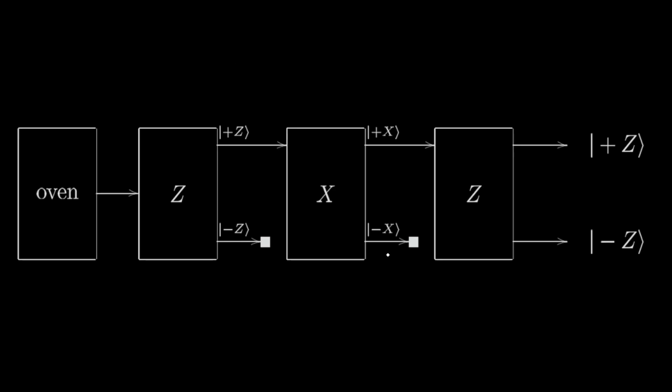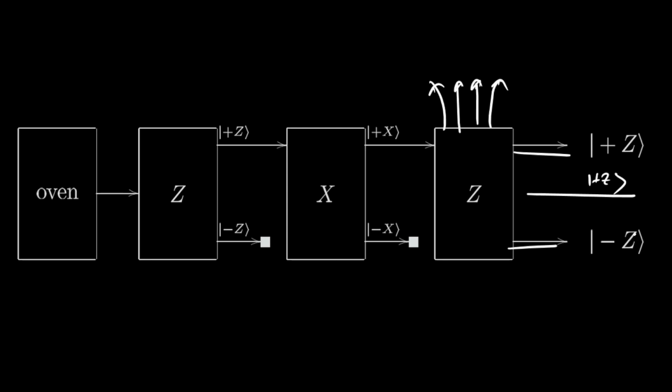Now again, we send one beam, the plus x state, and block off the minus x state, through a third apparatus which also has a non-uniform magnetic field in the z direction. This is to check whether the atoms have retained the plus z orientation or not, so that we would expect the output to have one peak of plus z beam. However, again, two beams are observed at the final output with equal intensities.